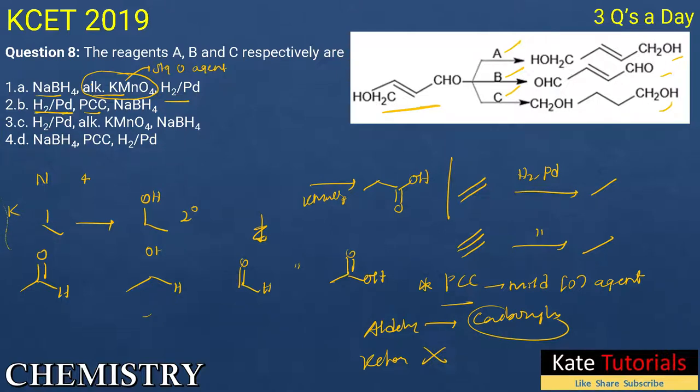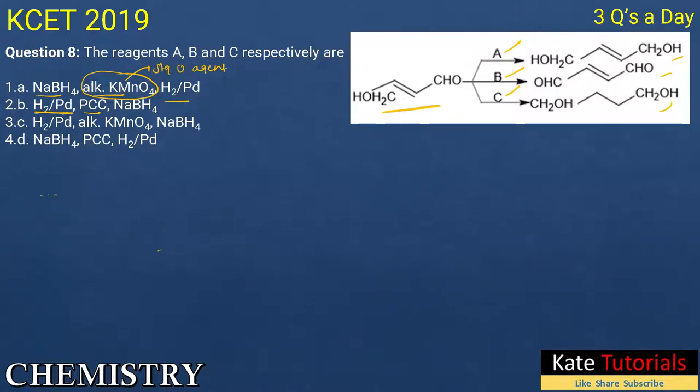Talking about this question, this is the given reagent. So I have CH2OH alcohol, and here carbon next to that alkene and CHO. So I want to convert this aldehyde to alcohol.